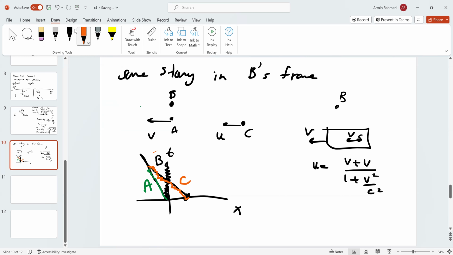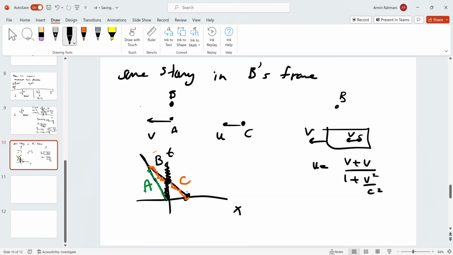Okay. So that's going to be the situation in B's frame. The handoff or the meeting between B and C happens here, and then there's going to be some more time where C now reaches A. All right, so let's see what we can say.